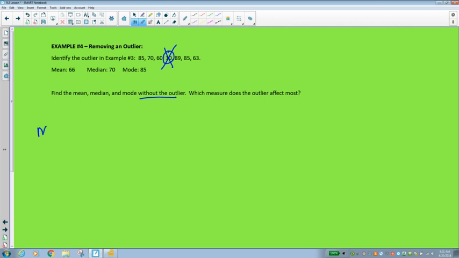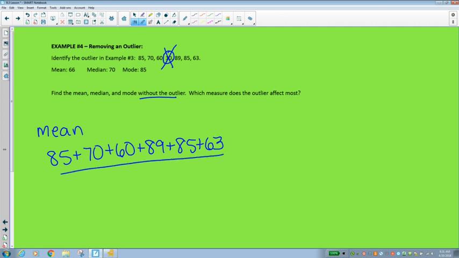the outlier. So I'm going to start with mean, and again I'm going to add my numbers up. So 85 plus 70 plus 60 plus 89 plus 85 plus 63, because I'm not including 10, the outlier. And now I'm going to divide by how many numbers I have, which this time is 6 because I removed 10.